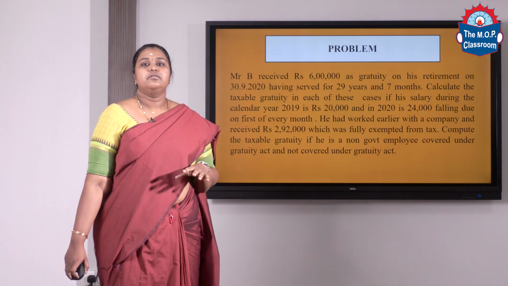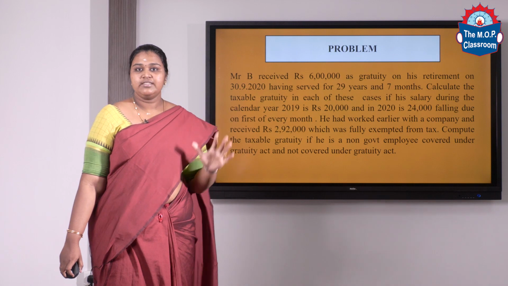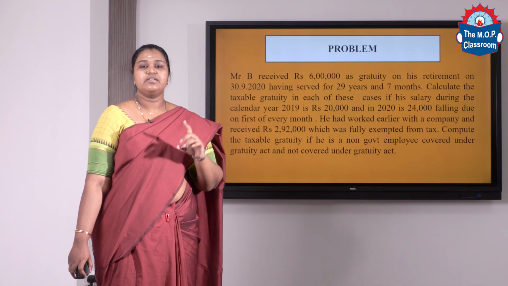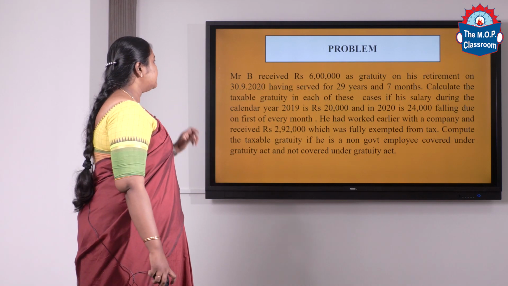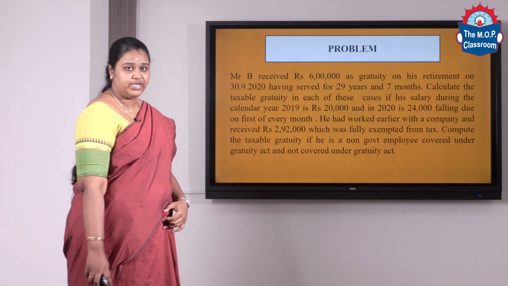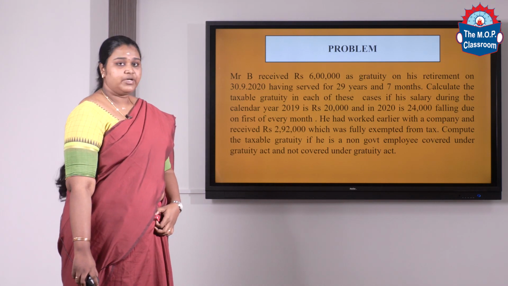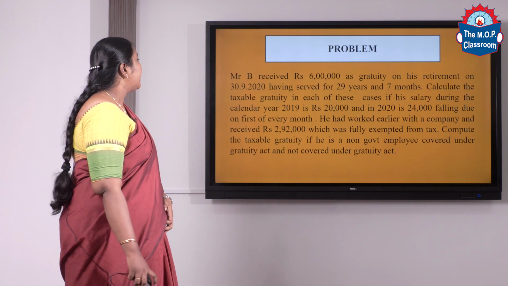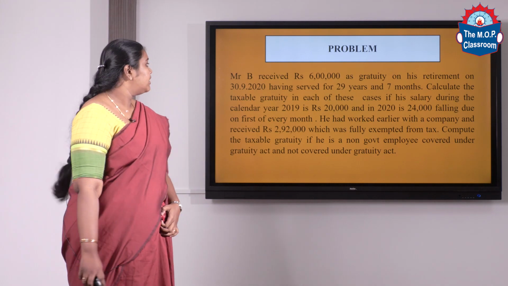Now, with the provisions that have been already stated, we will discuss one problem. Here the problem says Mr. B receives rupees 6 lakhs as gratuity on his retirement on 30th September 2020, having served for 29 years and 7 months.